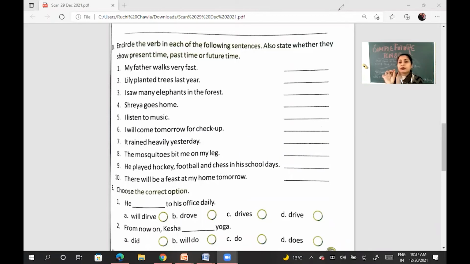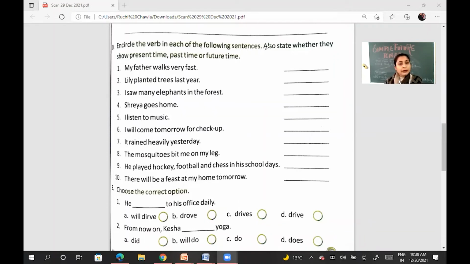It means we will read the sentence, circle the action word or verb, and then according to that verb we will identify whether the given sentence is in past form, present form or future form.